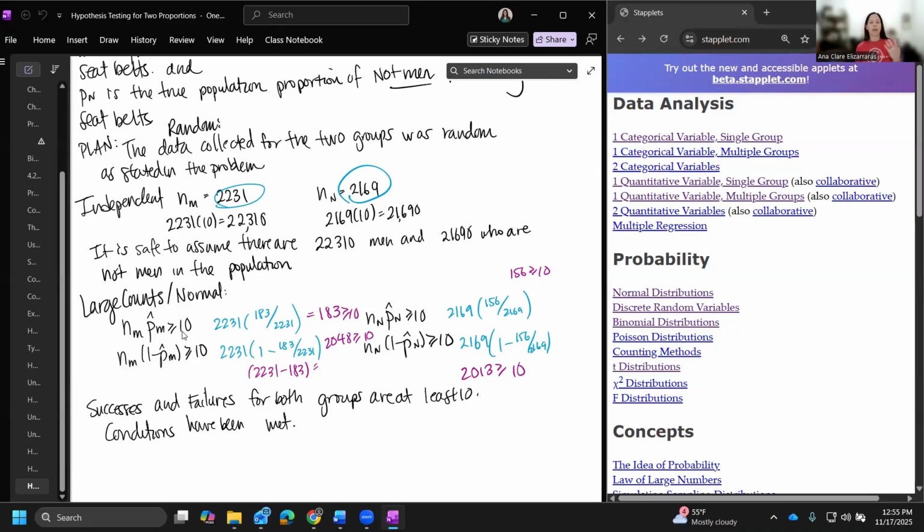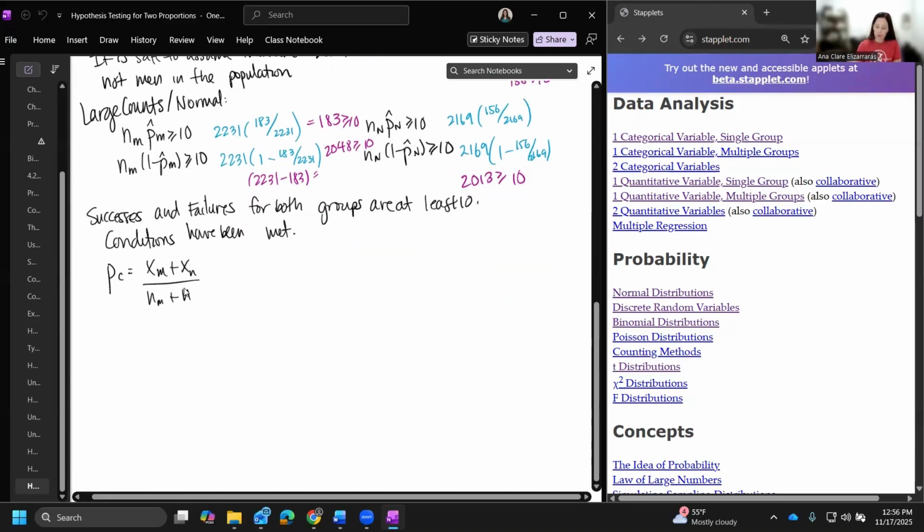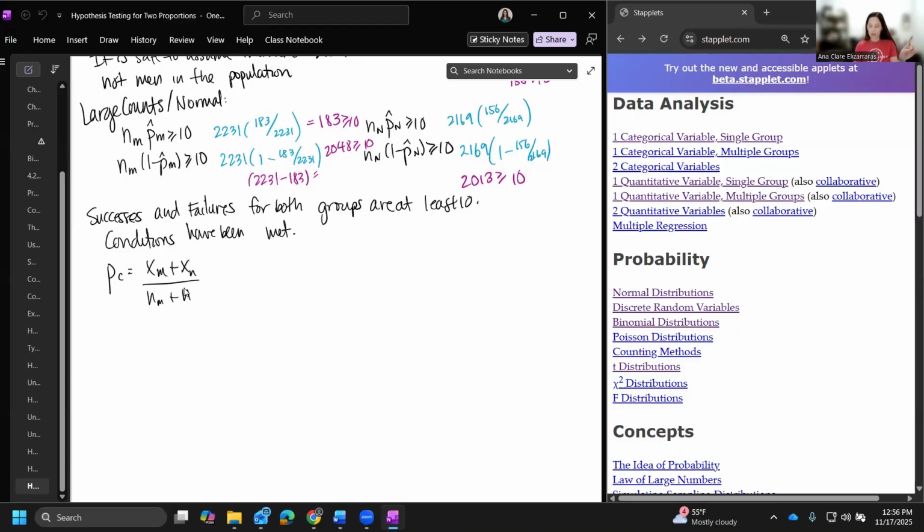Now, in order to go ahead and perform the test, calculate the test statistic, the Z statistic, we need to pool our proportions first so that we can perform the calculation. So if you remember, the pooled formula was to take the successes from men plus the successes that were not men over the sample size of men plus the sample size of those that were not men. So let's scroll down just a little bit. There were 183 who didn't wear their seatbelts of the men, 156 of the not men, and there were 2231 men plus 2169 not men.